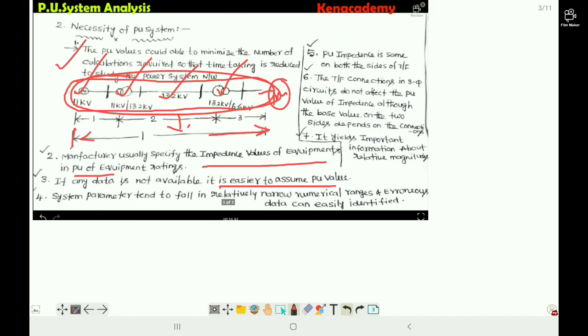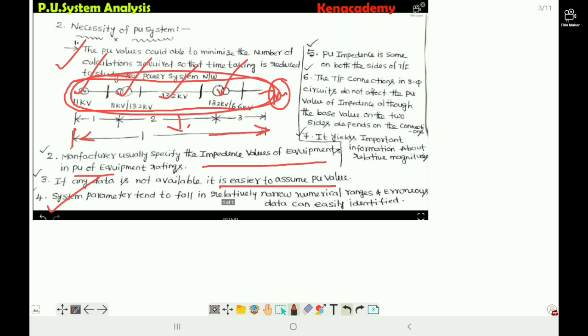This is one more necessity of the per unit system. I think you have already seen this in doing some problems in electrical machines. Take the example of a synchronous machine. Once any quantities are given in per unit, for example voltage per unit is given and power per unit is also given, but current per unit is not given, then you take rated current as 1 per unit. That is our assumption. That means if the values are specified in terms of per unit, the assumption is very easy.